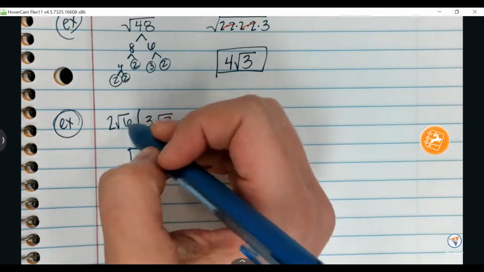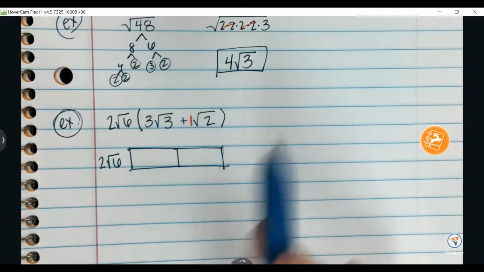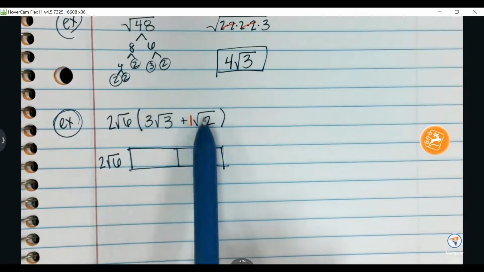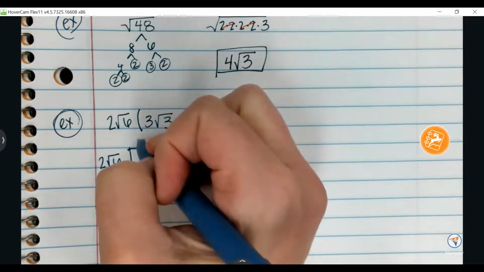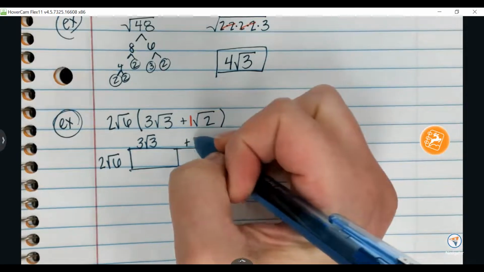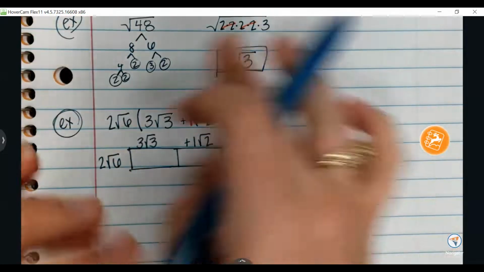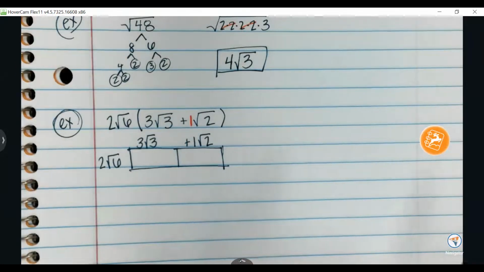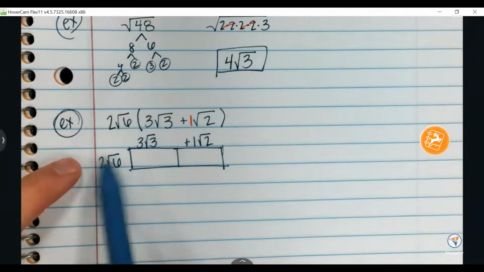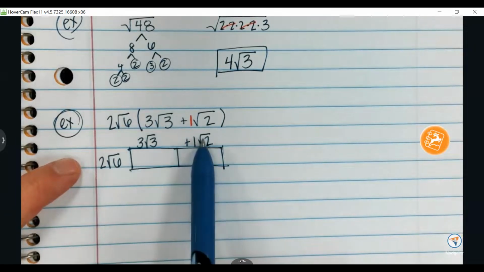So I'm going to have 2 square roots of 6 on the outside. And then my 2 numbers have to go on the top: 3 square roots of 3 plus 1 square root of 2. Does everybody understand how we organized that? You can't switch them. You can't move them in different places. So the first one stays outside. The inside stays together on the top.